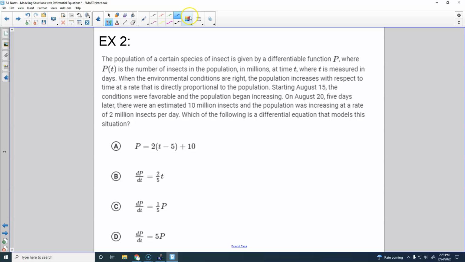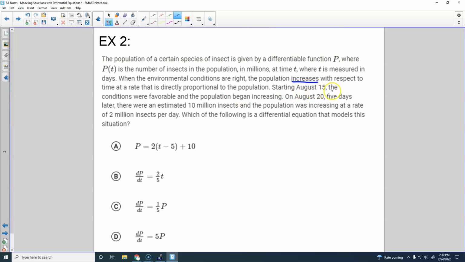All right. So the population of a certain species of insect is given by a differentiable function P, where P of T is the number of insects in the population in millions at time T, where T is measured in days. When the environmental conditions are right, the population increases with respect to time at a rate that is directly proportional to the population.